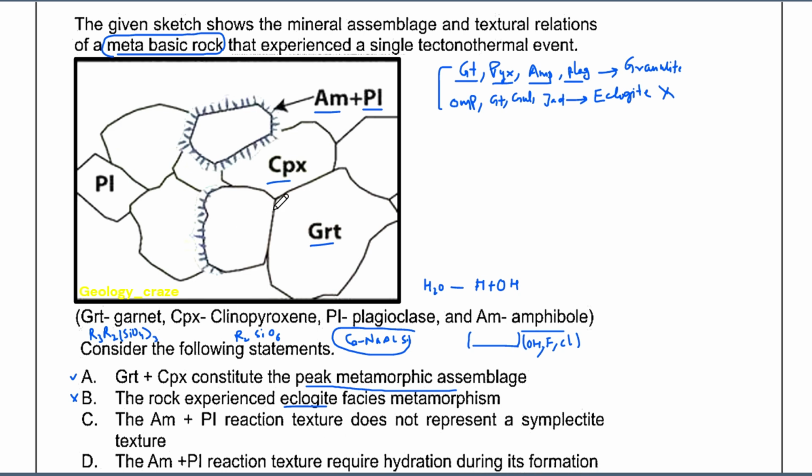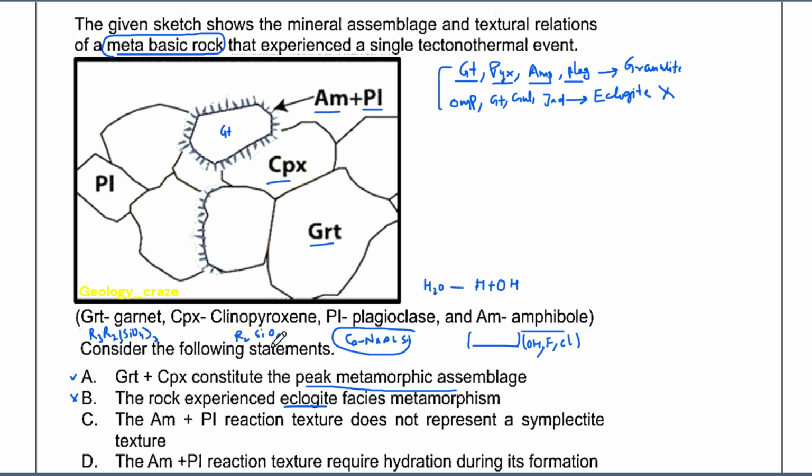If this garnet reacts with CPX and forms amphibole plus plagioclase, both the garnet and the CPX are anhydrous, because in their formulas we are not getting OH.